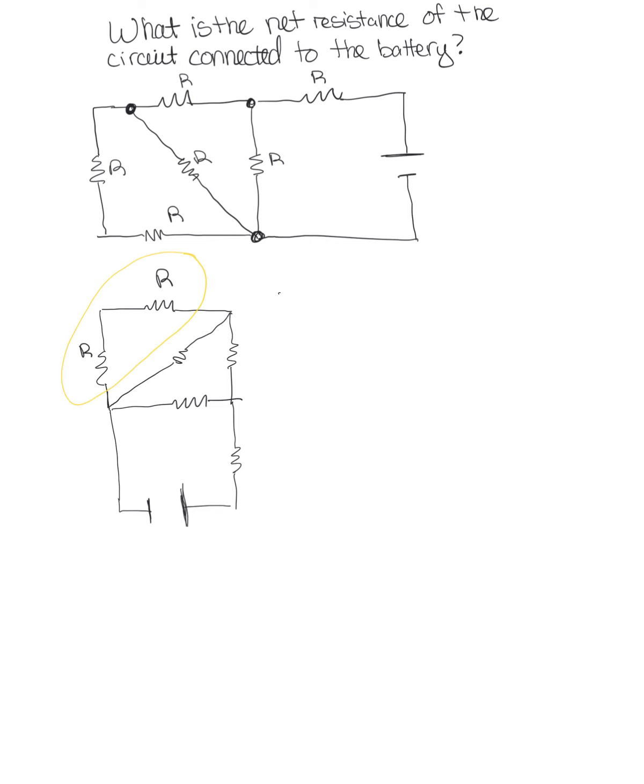So we're going to start with these two. These two are in series. This is going to be R plus R equals 2R. So this is going to be our equivalent resistance 1. Okay, now we need to redraw our circuit.